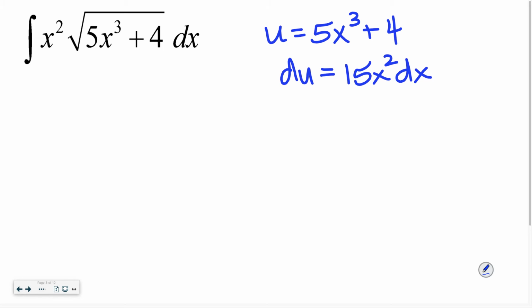Okay, so we have x squared dx in our integral, right? And we have x squared dx right here. So we have that extra 15 that we're going to have to just divide over. So 1/15 du is the same as x squared dx.